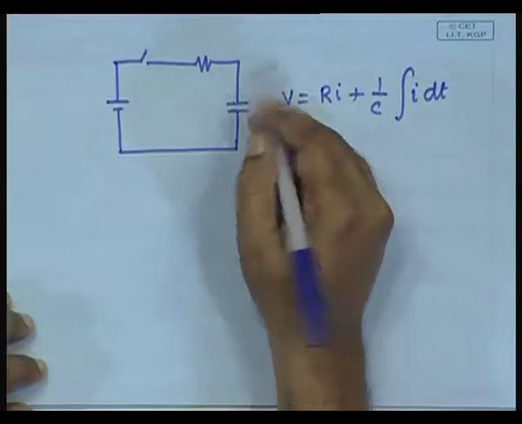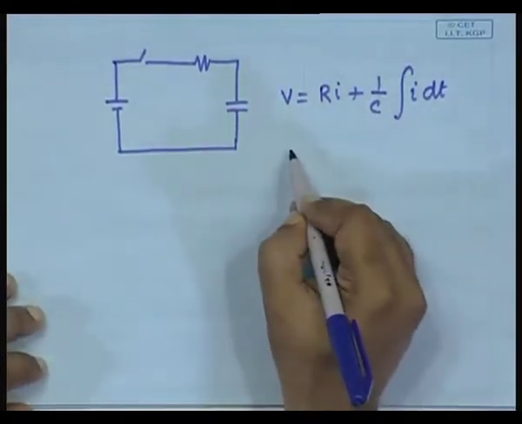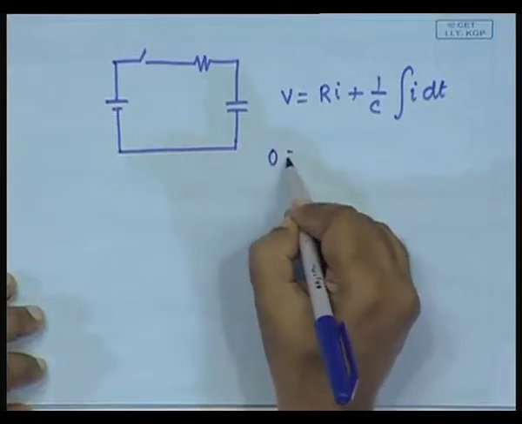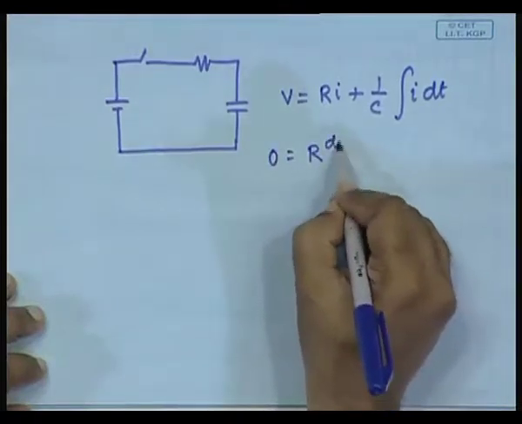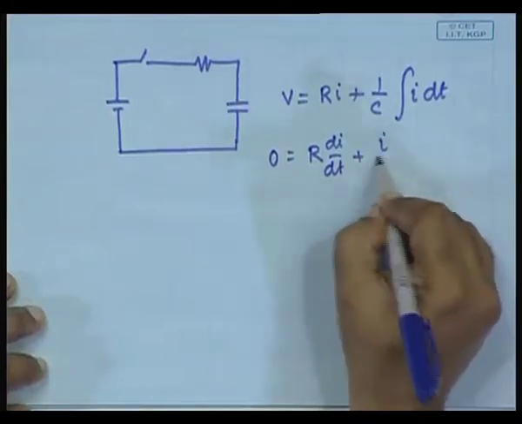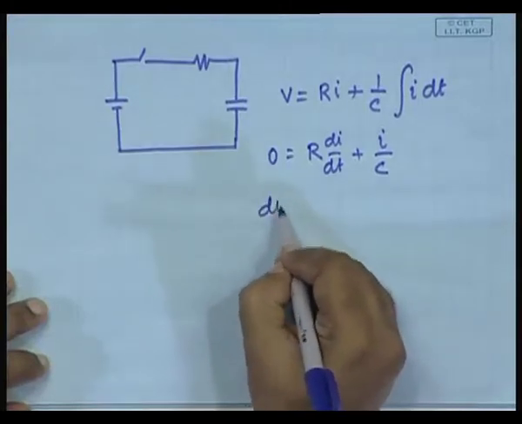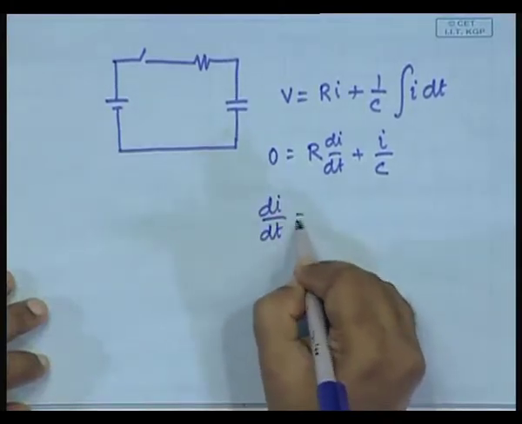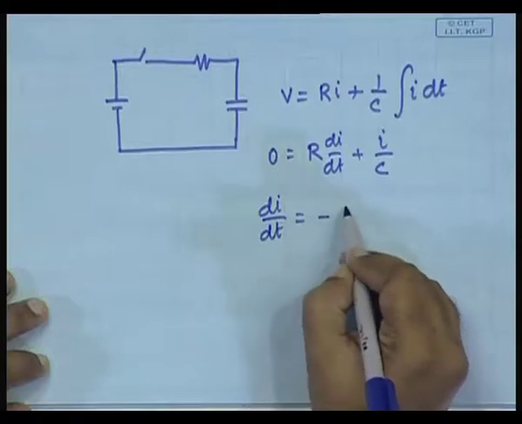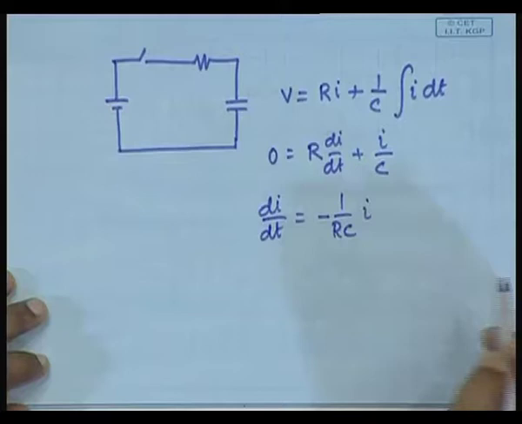How much is the voltage here? So, you just differentiate it, you get 0 is equal to R dI/dt plus I by C. Okay. So, the equation is dI/dt is equal to minus 1 by RC times I.